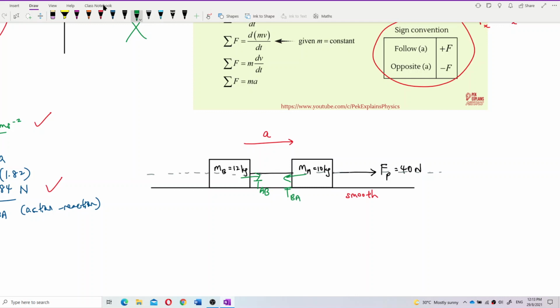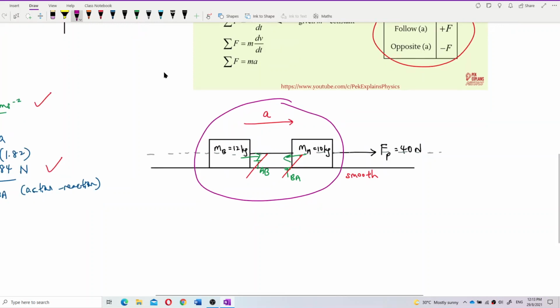But these two forces you can ignore because they cancel each other. So you can treat the whole system as one object.